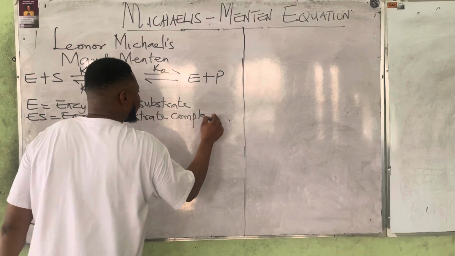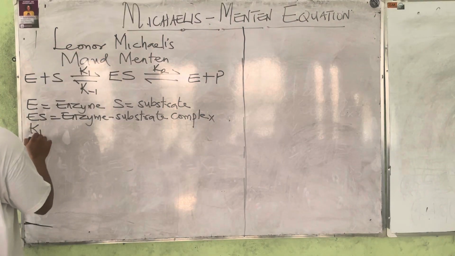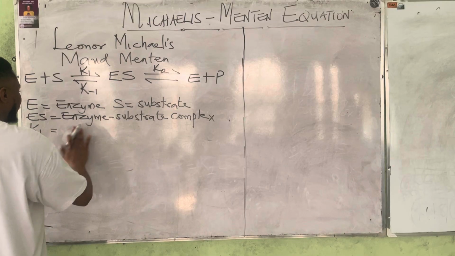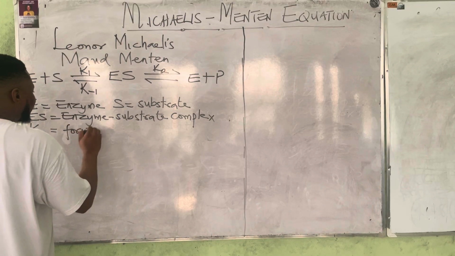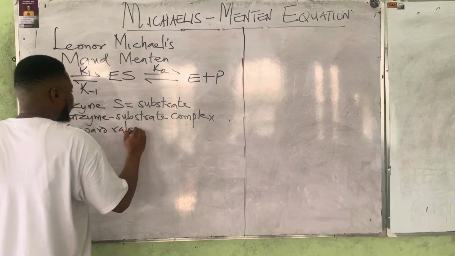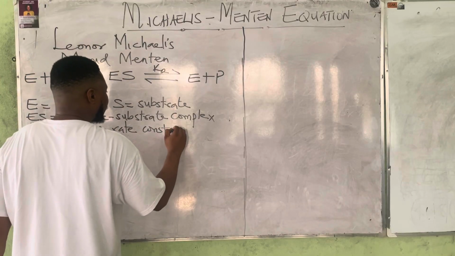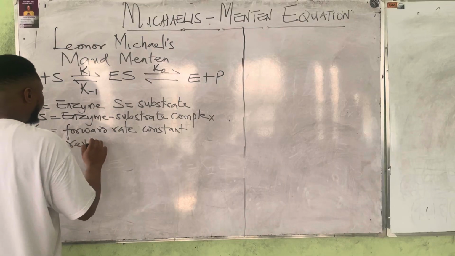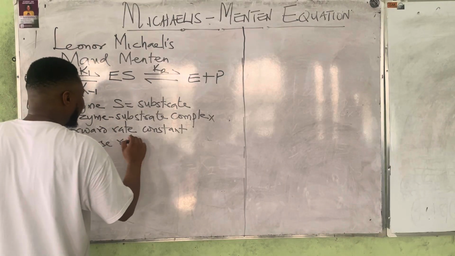Enzyme substrate complex. Now our K1 is called the forward rate constant, while K minus 1 is called the reverse rate constant.